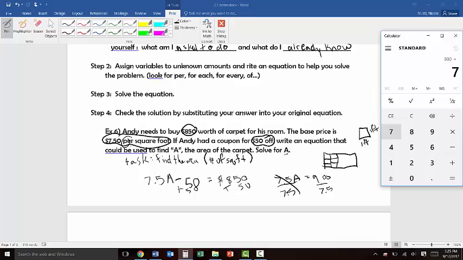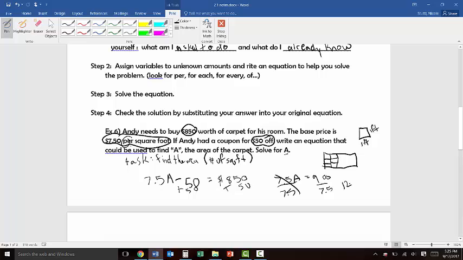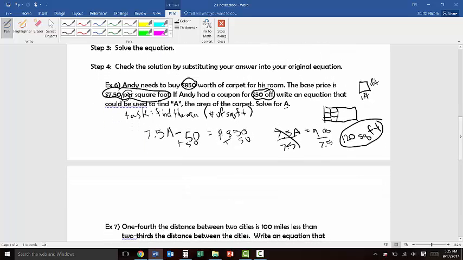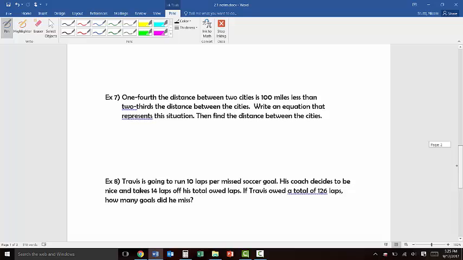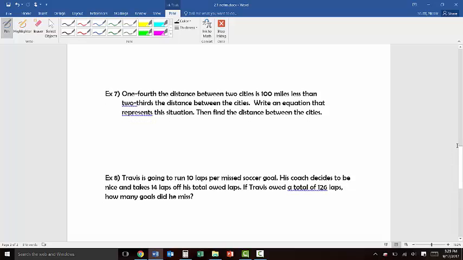So I think it's 120, but we're going to check this out, make sure. Yes, it is. So 120 square feet. I always label my answers because sometimes there's a follow-up question, and it helps to remind yourself what you just found.